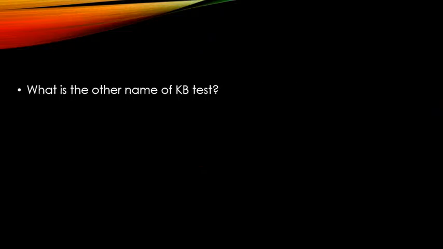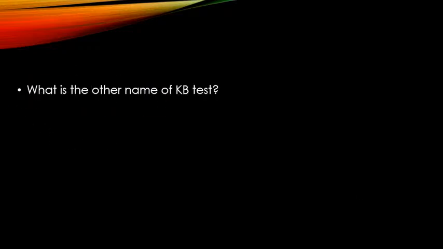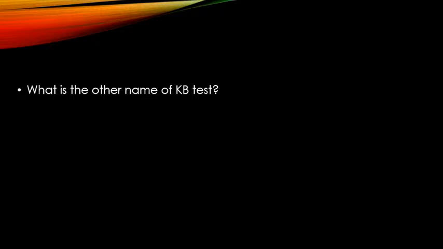Now, what is the other name for the Kleihauer-Betke test? This is also known as the acid elution test. So maybe in the exams you're going to be asked what is the purpose of doing an acid elution test on an RH negative mother, so you don't get confused.